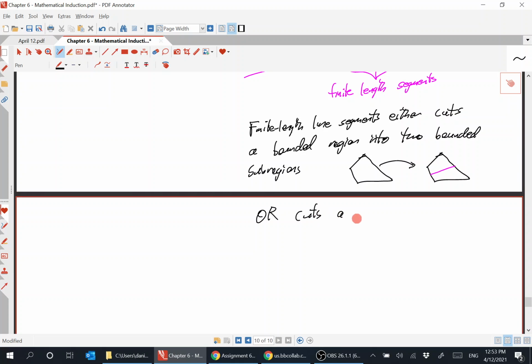Or it cuts an unbounded region into 2 subregions, one bounded, the other unbounded.